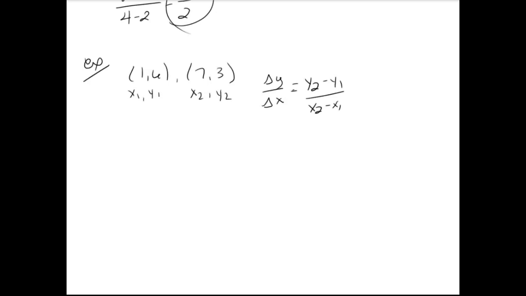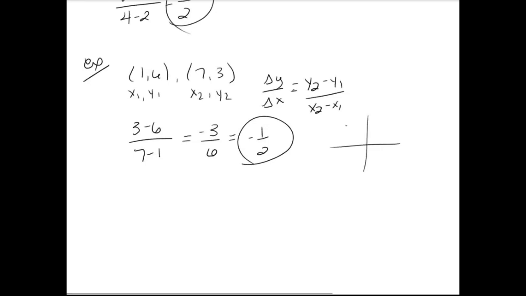But once you do that, hopefully you'll get 3 minus 6 all over 7 minus 1. And that's going to give you a negative 3 over 6. And we want to reduce it, but make sure you leave that negative. We do have a negative there. So that would mean that this slope is running with a negative correlation, as opposed to a positive.